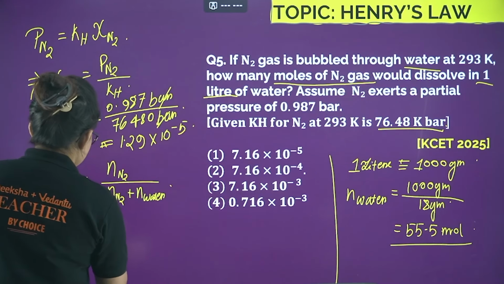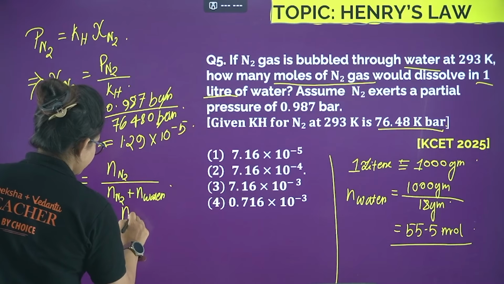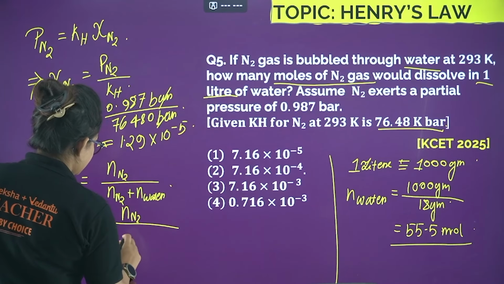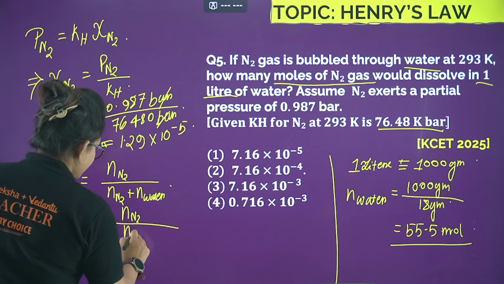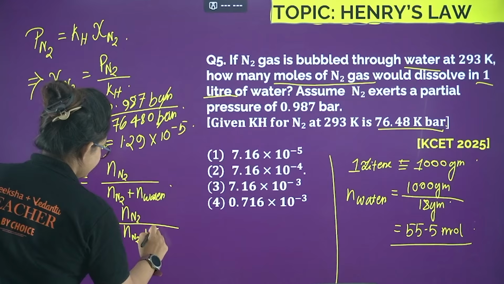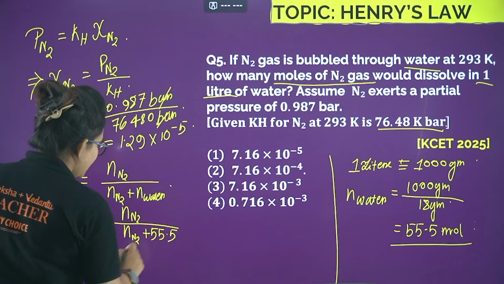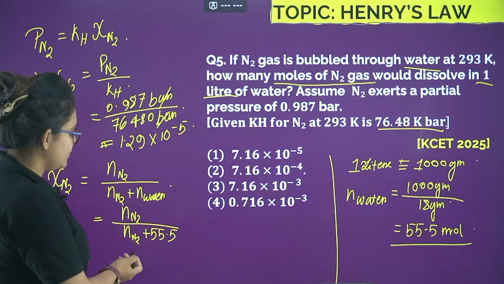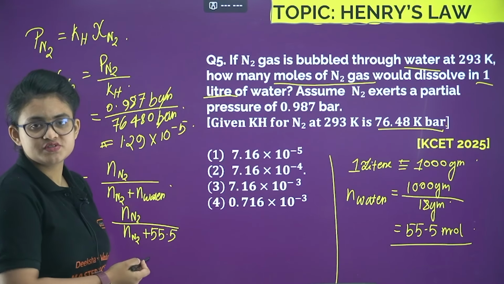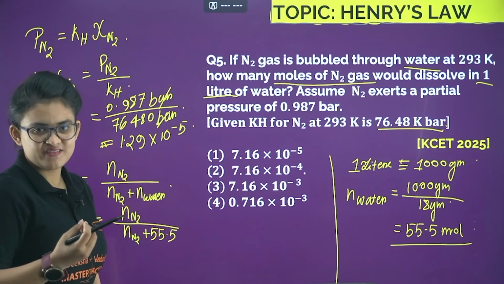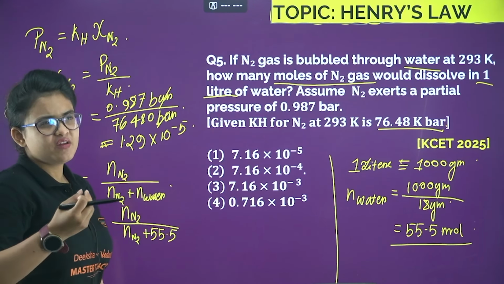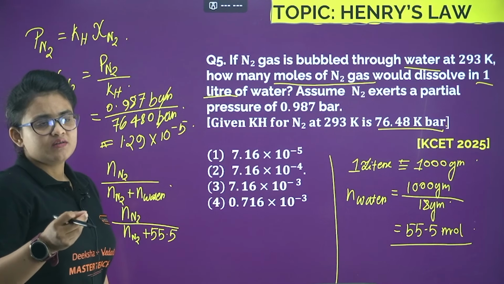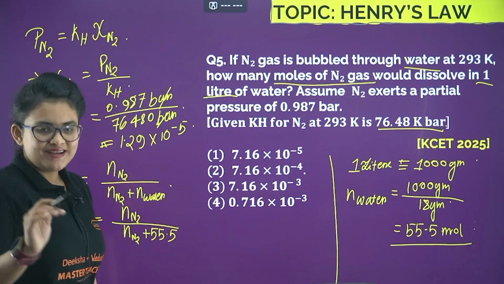So here what I am going to do, number of moles of N2 divided by number of moles of N2 plus 55.5. Now you can see here in the denominator, with respect to the number of moles of water, the number of moles of nitrogen is very less. So when a very small value is added to a very big value, we can neglect it.